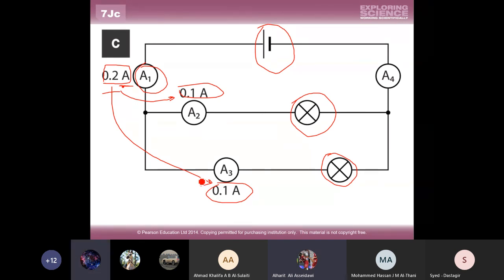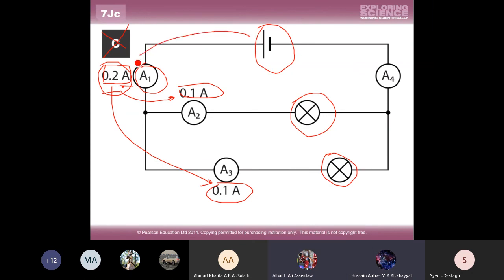It's equal, I think, to the amount of this one. So the battery gives off 0.2 amps and across a parallel circuit it is shared. Look, 0.1 plus 0.1, up and down, 0.2. So it's shared, okay?